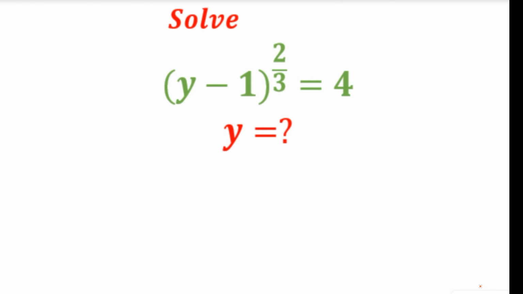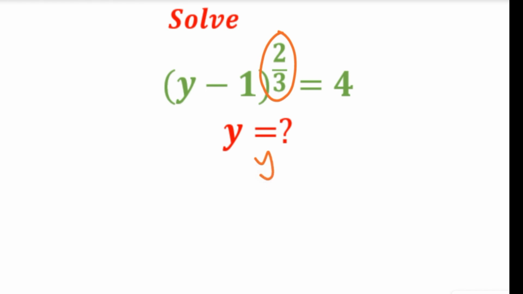Now let's get started. First of all, we need to find how to clear this exponent, the power. To do that, we multiply both sides of the equation by the reciprocal of that exponent.